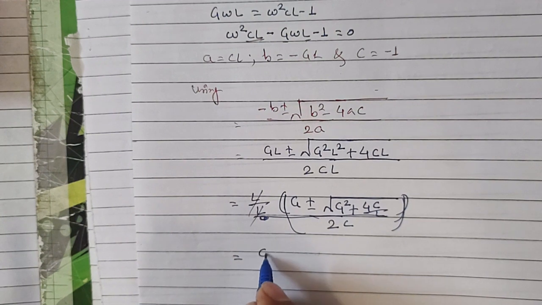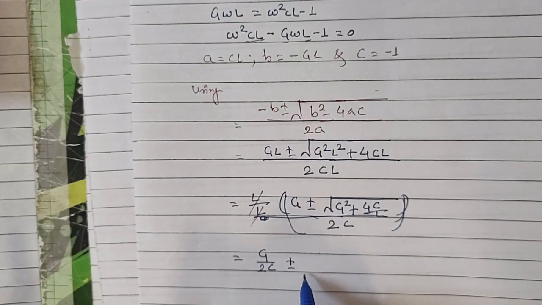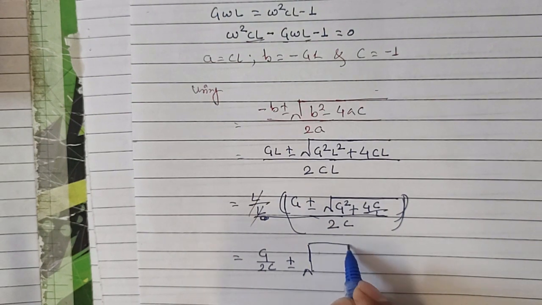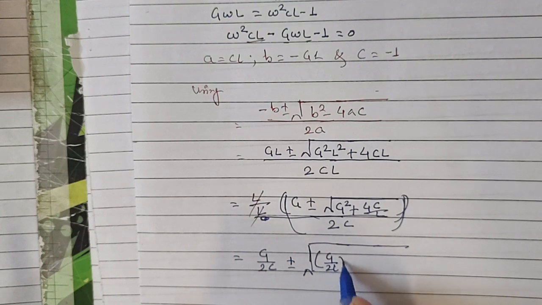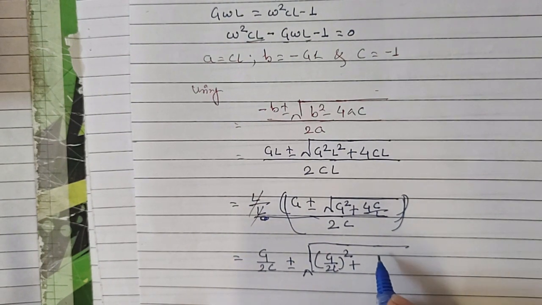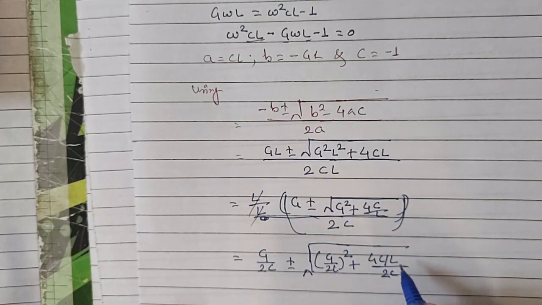So G by 2C plus or minus, now let's take 2C to the numerator, so G by 2C square plus 4C by L divided by this 2C. If it goes inside the square root, it would be 2C square.